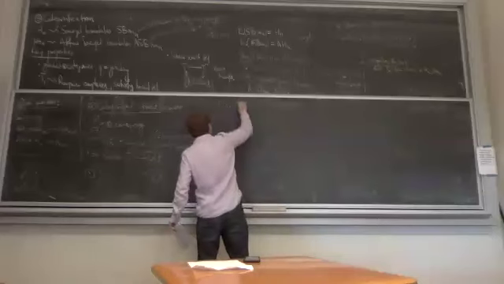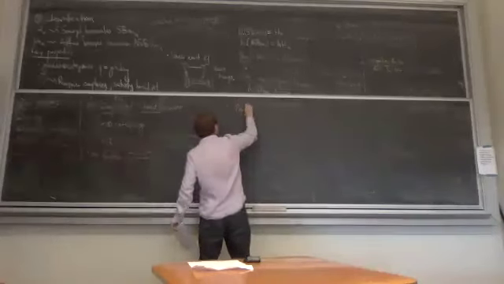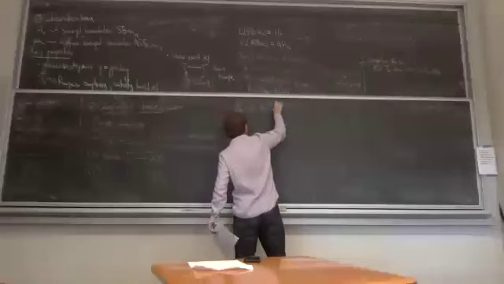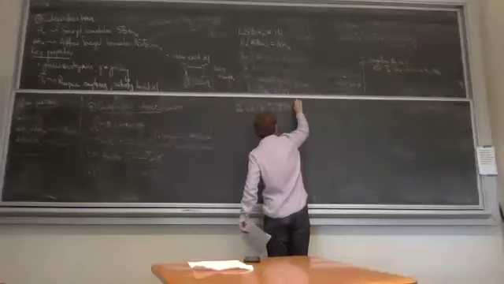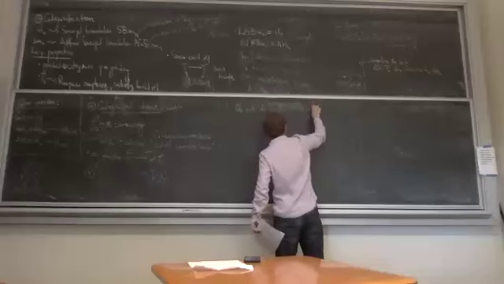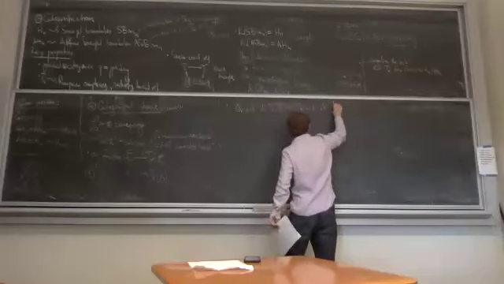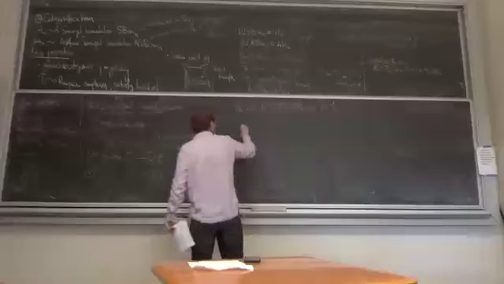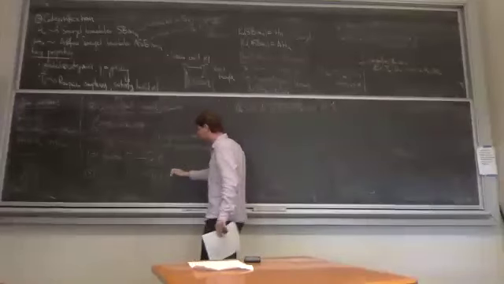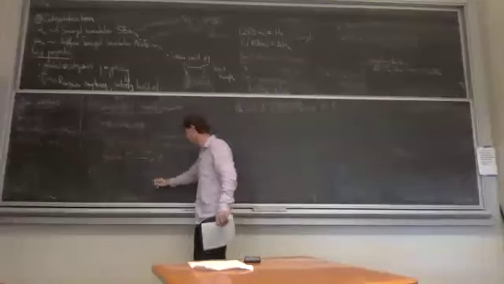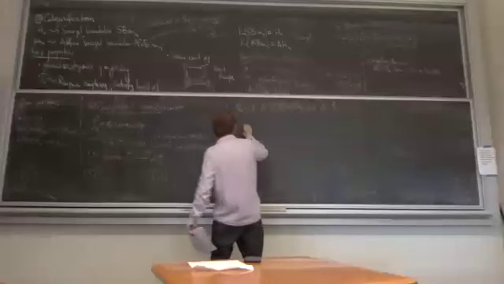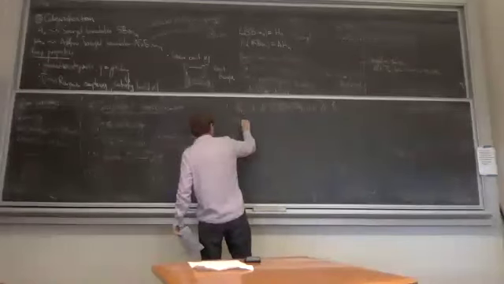Okay. So the objects of my trace category are the same as the objects of C. But instead of X, I would consider the object trace of X. And then what I'm really interested in is morphisms.